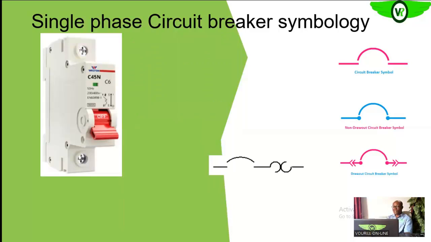If you look at that diagram in the middle of your screen, that shows how the circuit breaker is represented with the operating mechanism. What you are looking at is one with a thermal operating device.